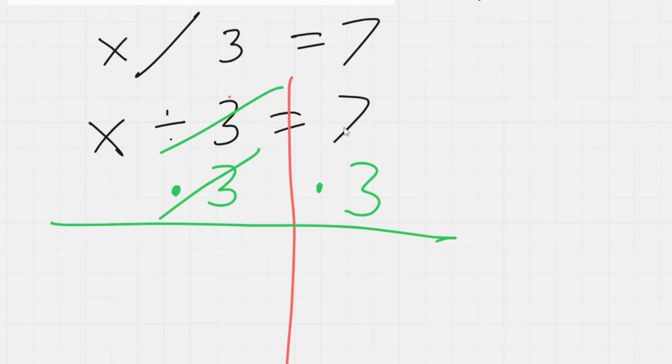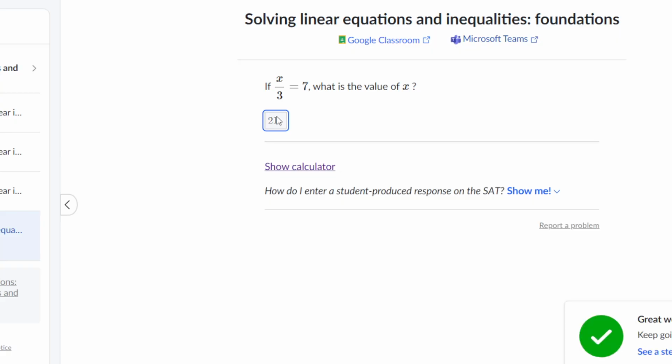On the other hand, for 7 times 3, I'm going to be left with 21. Again, funny enough. And then here, with the x, there's nothing that's contradicting it. And you simply say x is equal to 21. Let's go ahead and test that. Cool. There you go. Thank you for watching, guys.